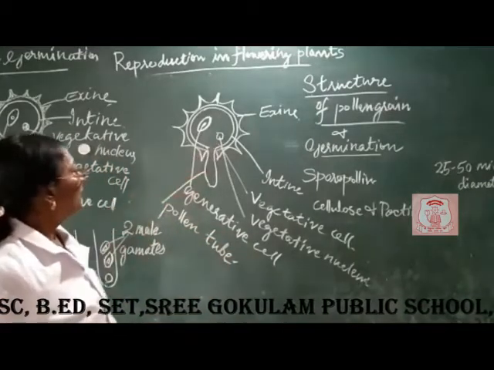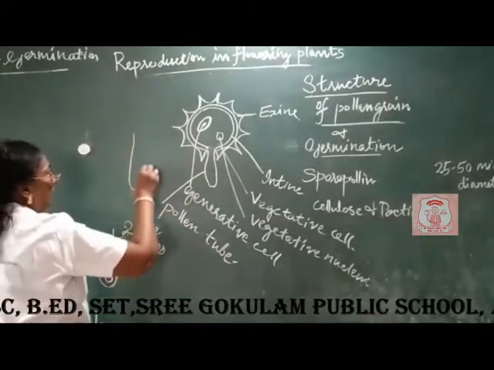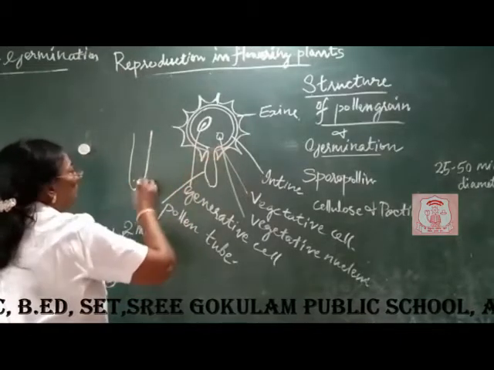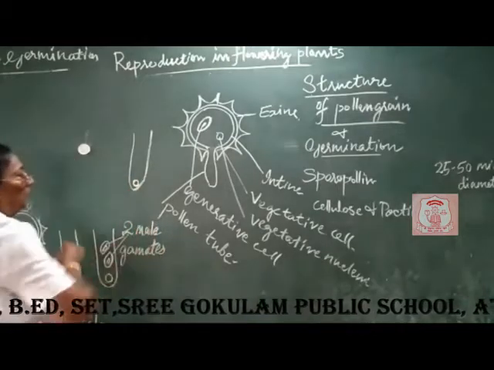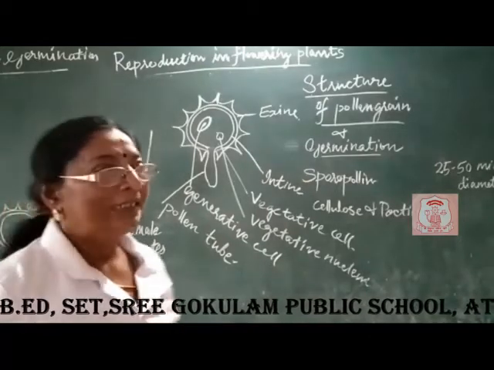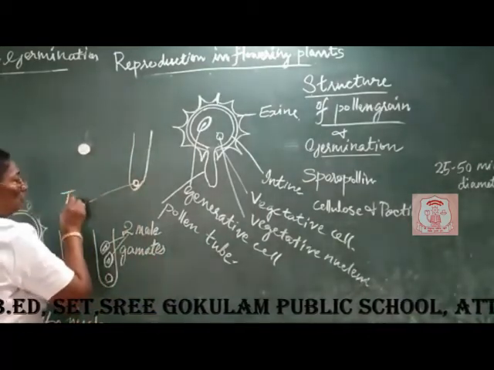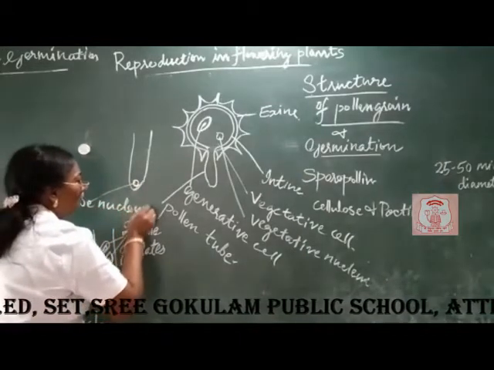Into that particular tube, we can see this vegetative nucleus move to the tip of the pollen tube and form what is called the tube nucleus.